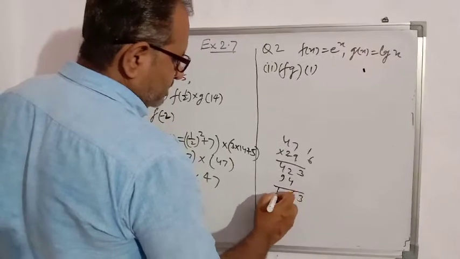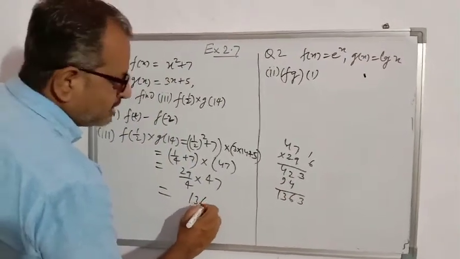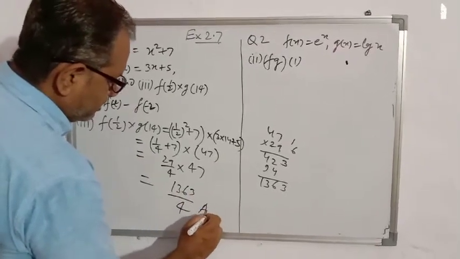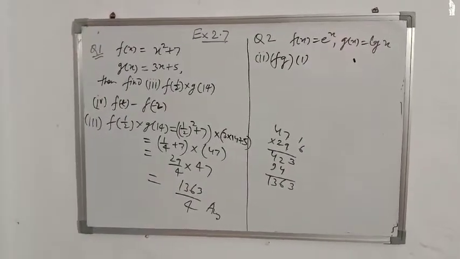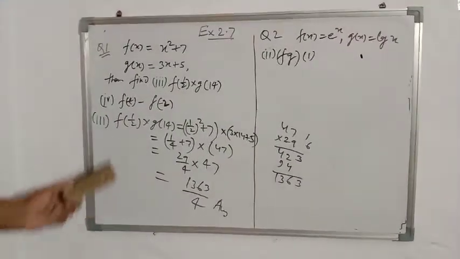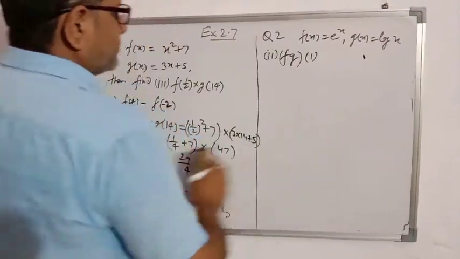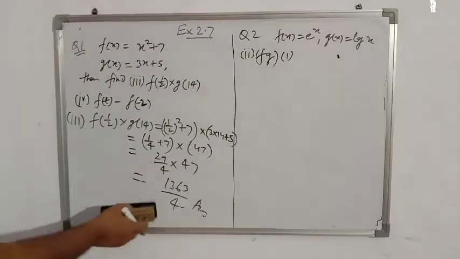So it is 1363 upon 4. This is the answer to the third part. Similarly, we can do the fourth part.